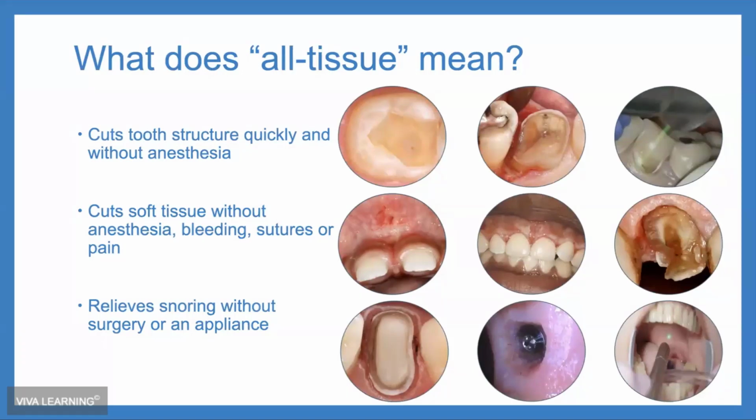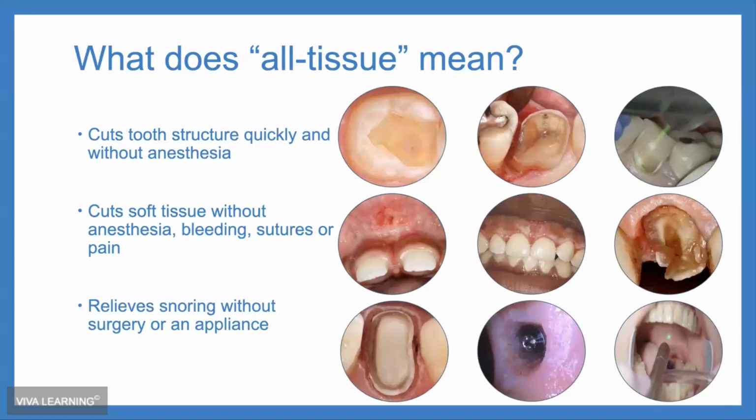Well, of course, I got introduced to an all tissue laser and really started to dream about what can be done with it. And the word all tissue certainly does mean all tissue. Essentially, every tissue in the mouth that you encounter can be ablated with the Celea all tissue laser, which is the one I happen to have.